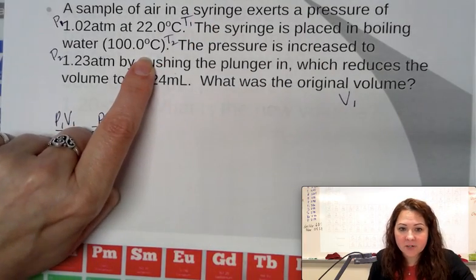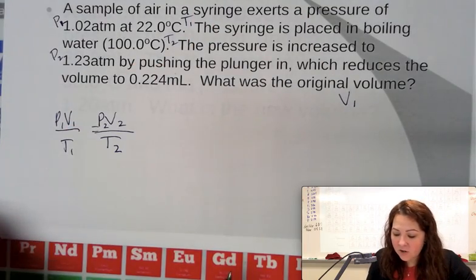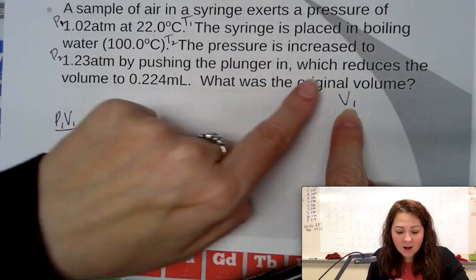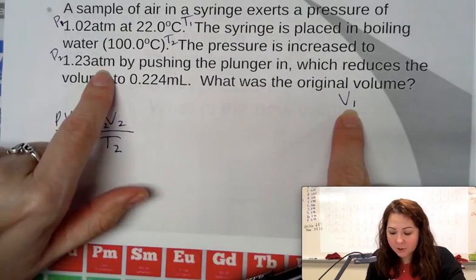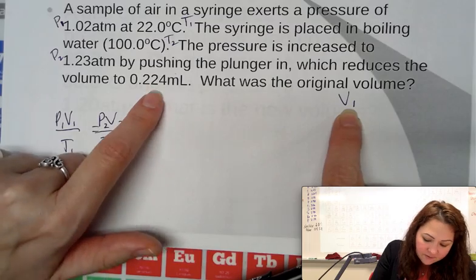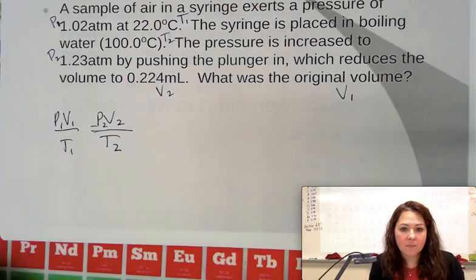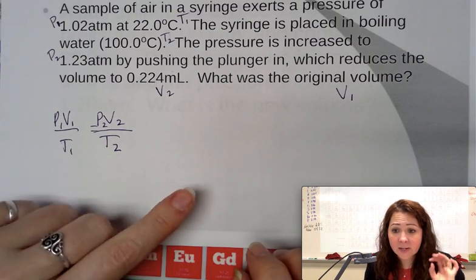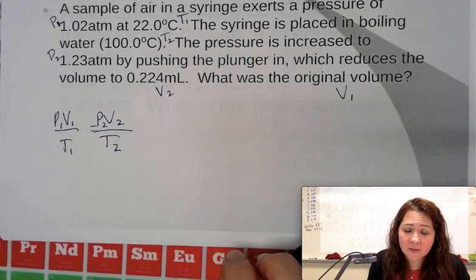So there's my 1 and my 2. Now I already know that I'm solving for V1. So it says that after I change the pressure by pushing in the plunger, it reduces the volume. So this one is my V2. Taking a little bit of time to figure out what all of your variables are, like I said, is usually the most difficult part about this.